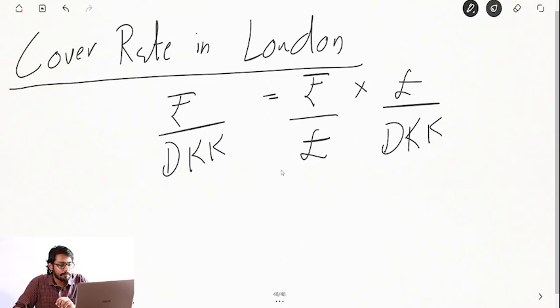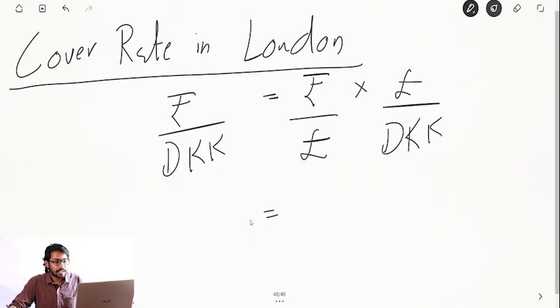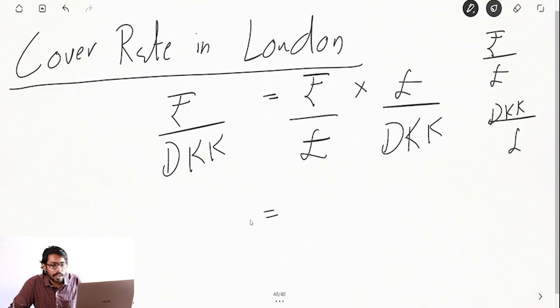Now, what are the rates given in the question? The rates given are rupee by pound and DKK by pound. London on Copenhagen is DKK 11, meaning DKK by pound. What are you doing? You are buying DKK, so first convert rupee to pound, then convert pound to DKK.